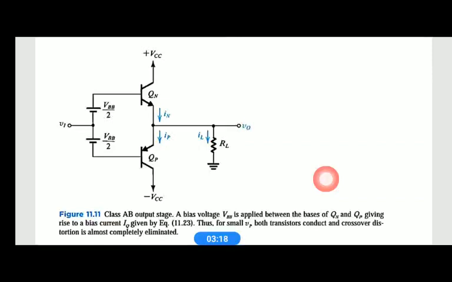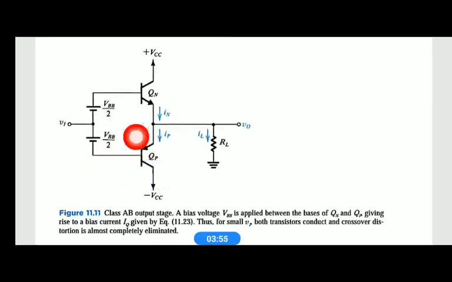You can see here VBB by 2, we are applying the biasing for the transistor QN, which conducts for positive half cycle, whereas minus VBB by 2 we are applying to the transistor QP, which is approximately a little more than minus 0.5 volt, which keeps the transistor on, right?